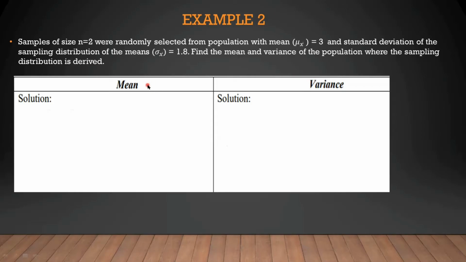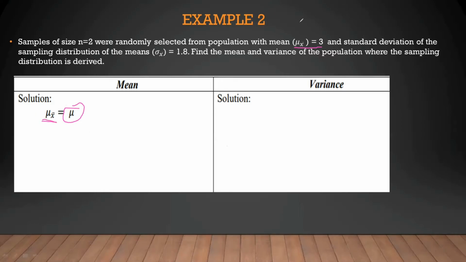Sa mean, mean of the sample mean is equal to the mean of the population. Since ang hinahanap natin is itong mean of population natin, eto yung hinahanap natin, mean of the population, and yung given natin is sa mean of sample mean is equal to 3. So, isa-substitute natin yung mean of the sample mean dito sa ating mean of the sample mean.